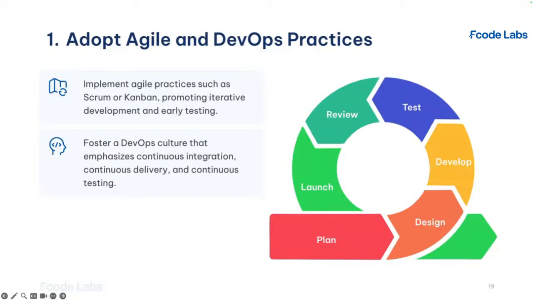There are different agile practices like Scrum and Kanban. You can choose what suits your development team and introduce them. The benefit of adopting these agile and DevOps practices we discussed already. By working as an agile team, we get feedback in a fast loop, so we can make sure bugs are found earlier and eliminate those bugs earlier as well.